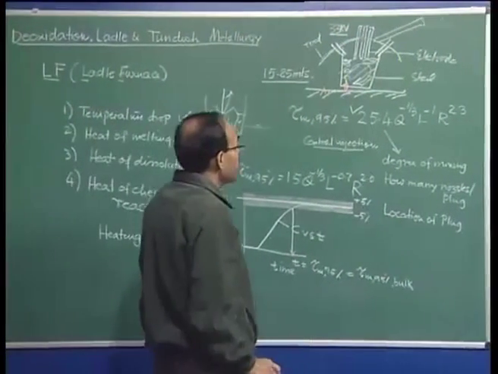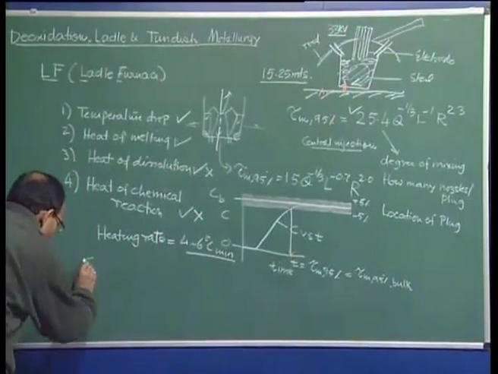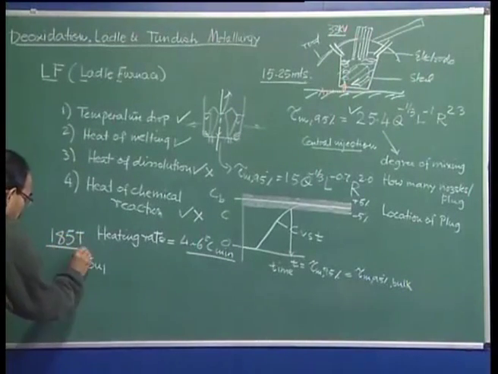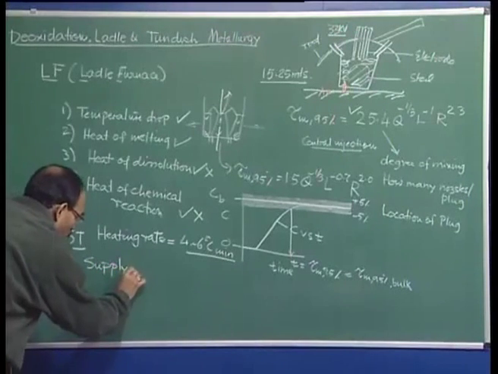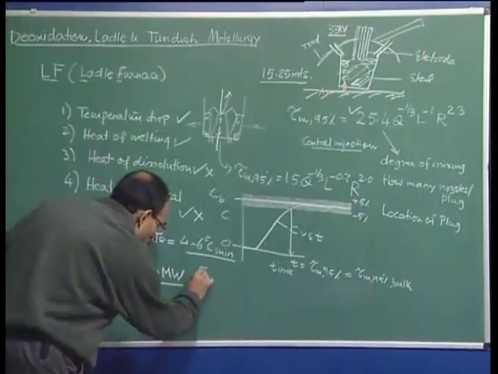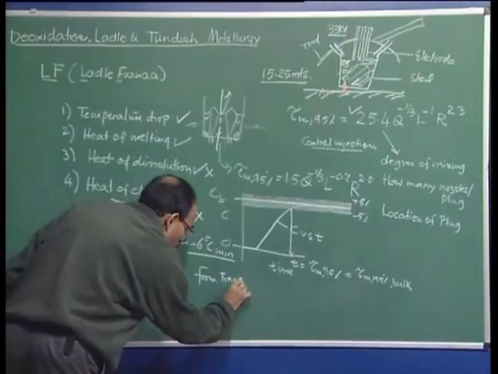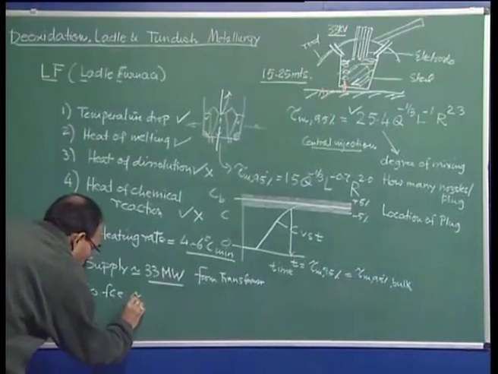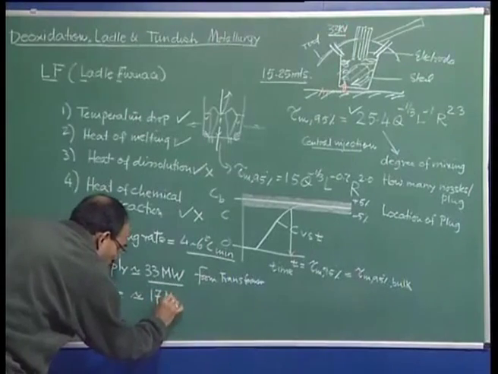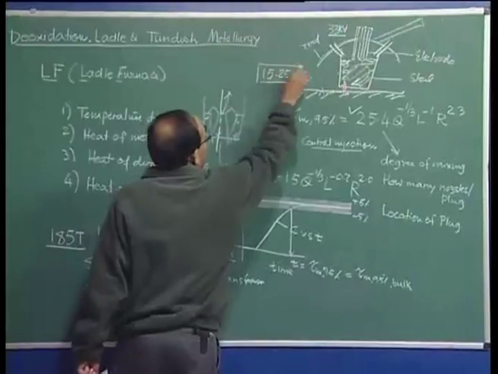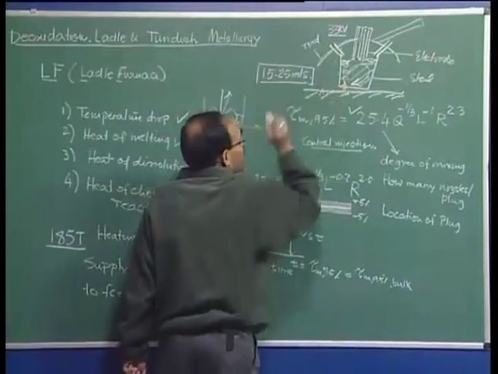So basically the supply from the transformer, I will quote some data to give you an idea, for, say, a 185 ton size ladle, the supply from the transformer is of the order of 33 megawatt, and to the furnace the power is roughly fed at the rate of 17 megawatt, and this gives rise to a heating at the rate of 4 to 6 degrees centigrade per minute, and the entire processing is done for 25 minutes, where we may have aluminum wire injection into the system for deoxidation.